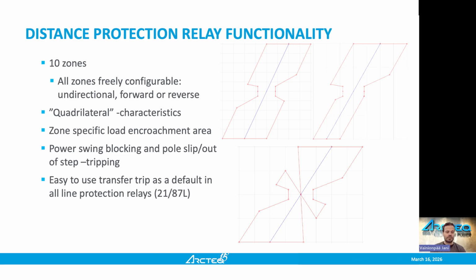And as seen in these pictures, we have a zone-specific load encroachment area. We can also enable power swing blocking and pole slip or out-of-step tripping separately in our relays. And of course, we are going to have a look at how to do easy-to-use transfer trip as a default in all line protection relays.